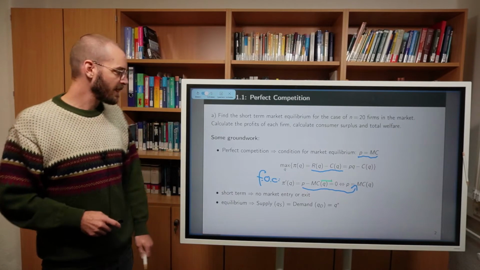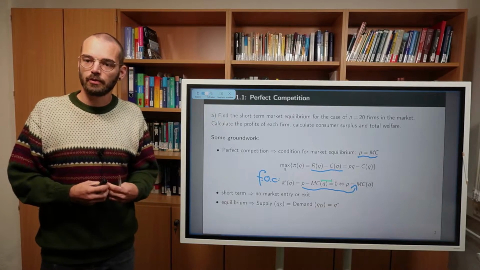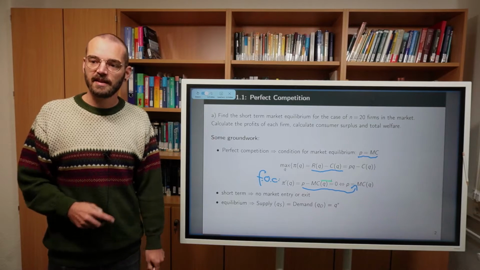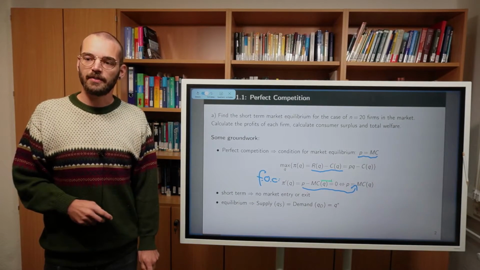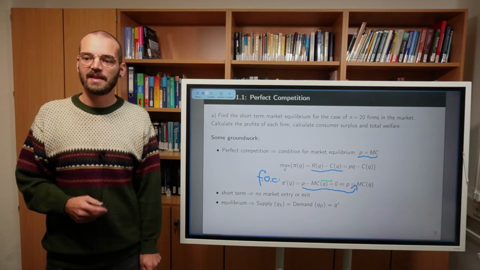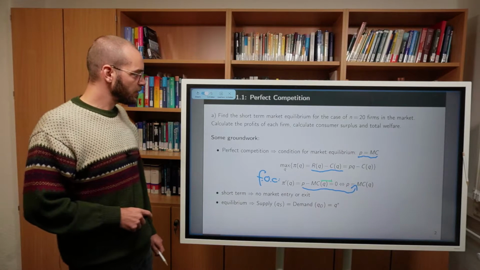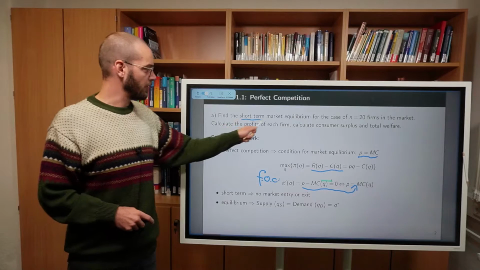All right? So that's the first crucial part of the solution of this exercise, that we understand that in perfect competition, in equilibrium, the price must equal marginal costs. In addition, we also know that we are looking at the market in the short term.